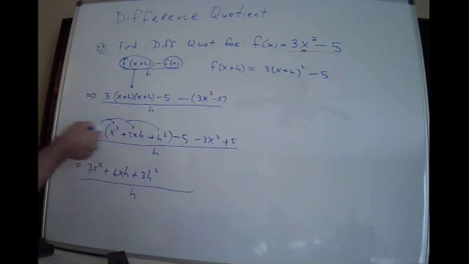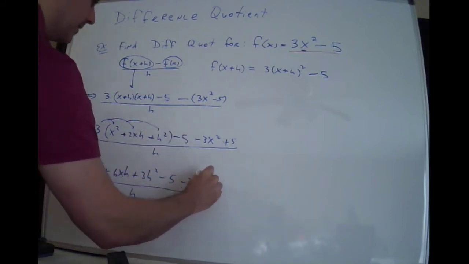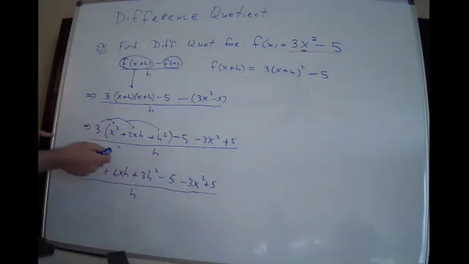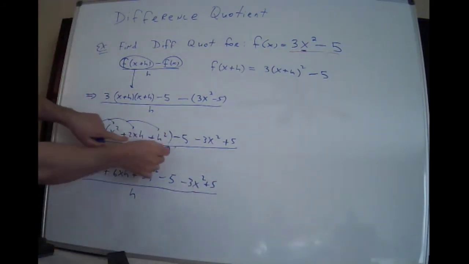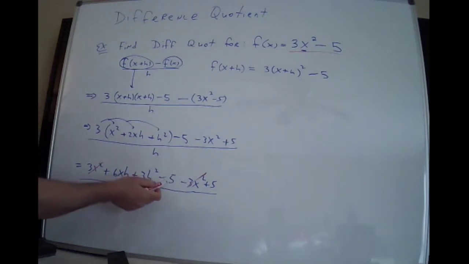This screwed up the whole thing. It helps if I copy this right. Here's the mistake I made. Maybe I did it on purpose. No, I didn't. You can always tell when I'm making a mistake on purpose, and that one I screwed up legitimately. Minus 5 and plus 5 crossed out.